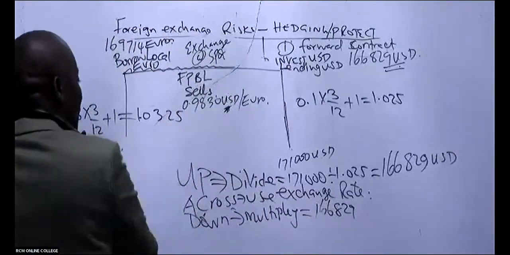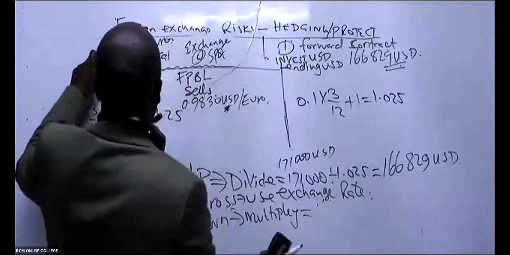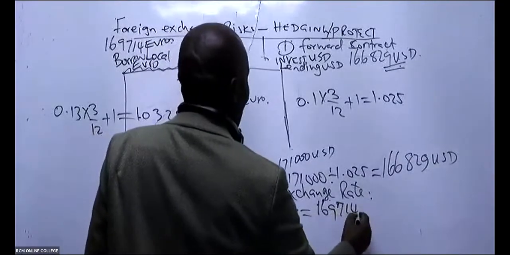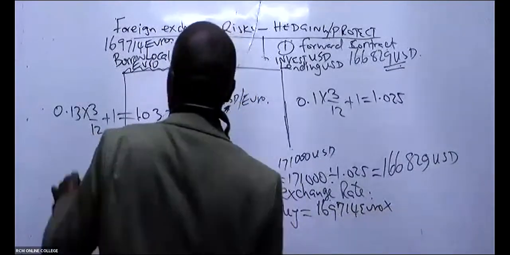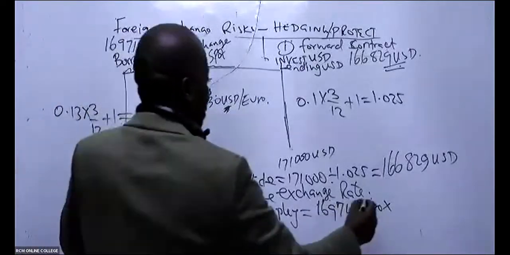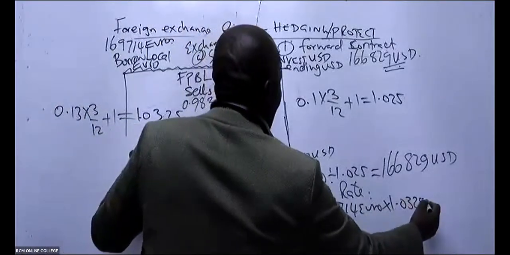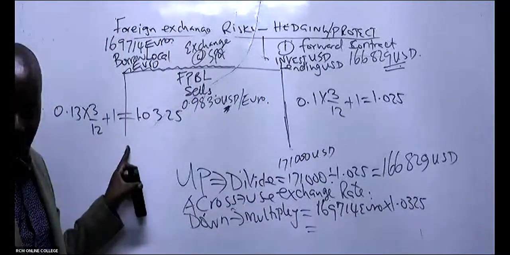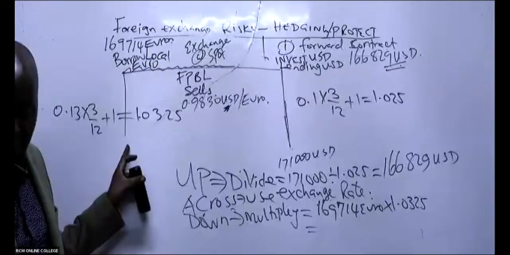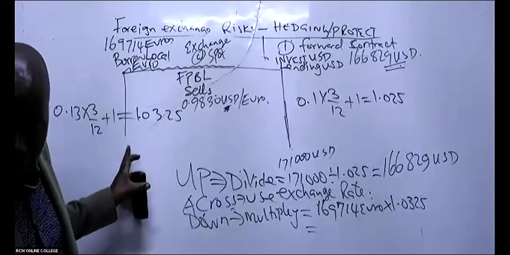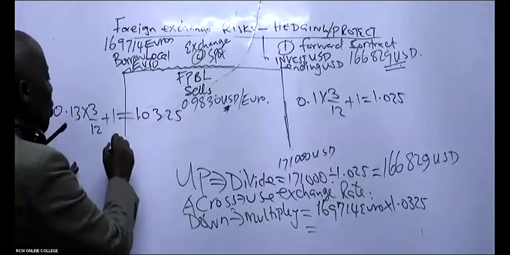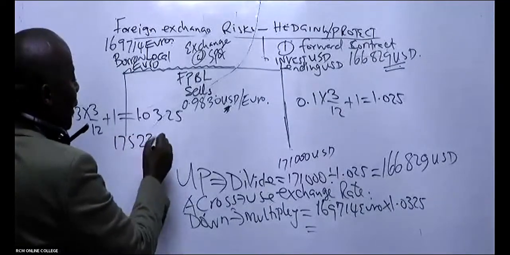I should have picked this: 169,714 euros times this, 1.0325. So guys, are you able to give me the final answer here? I'm being told by Eric Bill, this is a dangerous man, 175,230 euro.